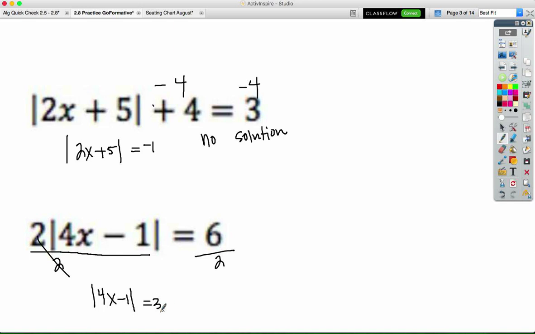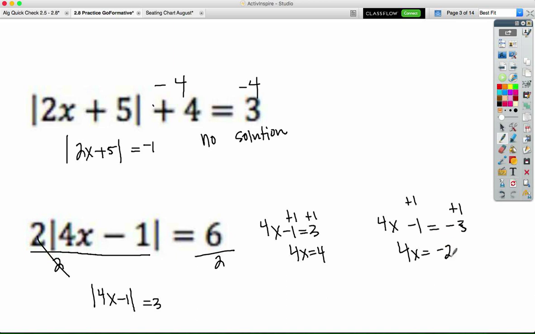So now I can make a judgment based on what's on the right side. I'm going to set it equal to the positive version. And also, if it had been 3 units the opposite direction, it would be negative 3. So I'm going to start solving each one by adding 1 to both sides. So it leaves me with 4x equals 4 on this one, and 4x equals, that will leave us with a negative 2.